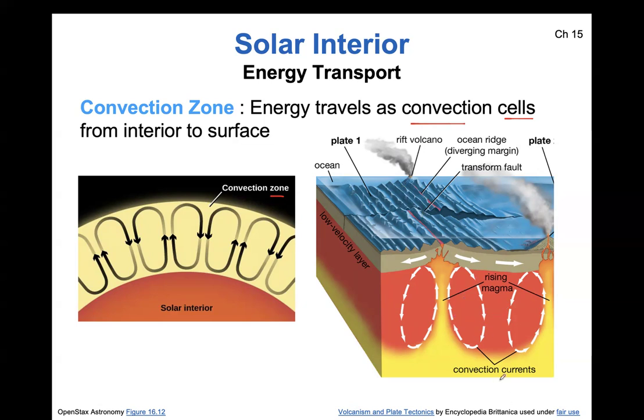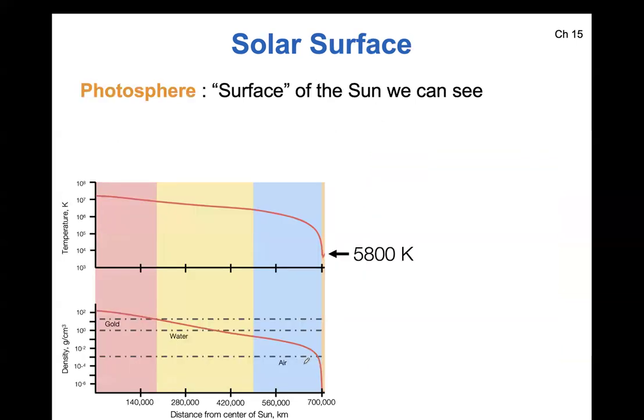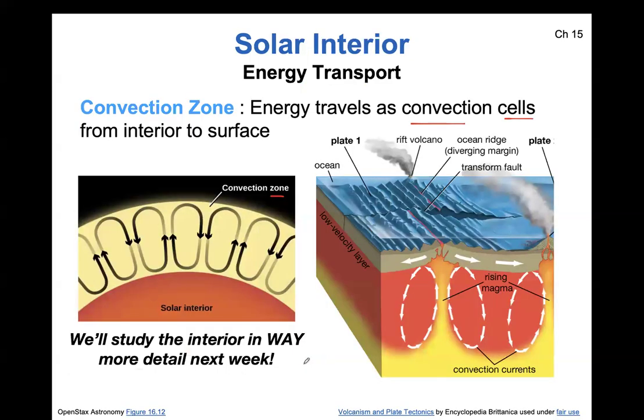We see the convection currents within the magma. We also have convection in our atmosphere. And we'll study more about the interior when we talk about this content in chapter 16, but it actually won't be next week, because it'll be tomorrow.